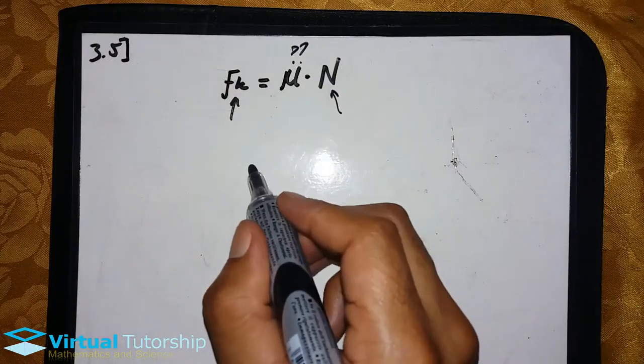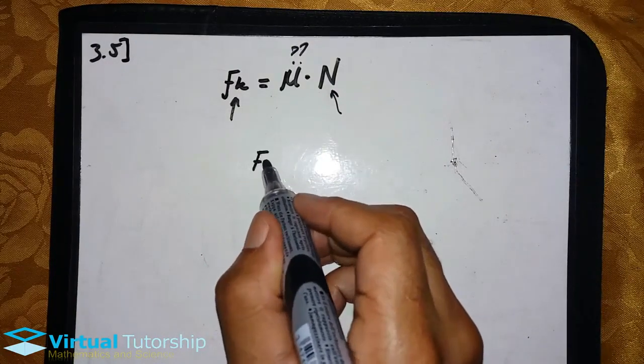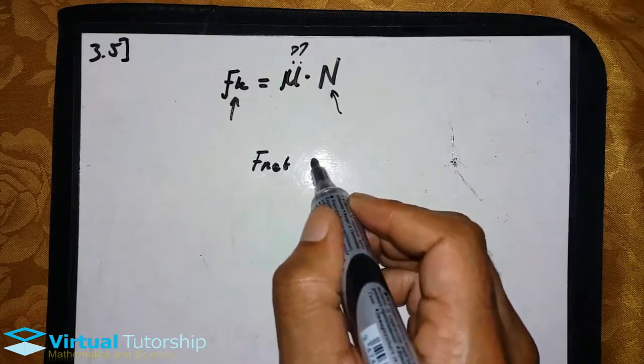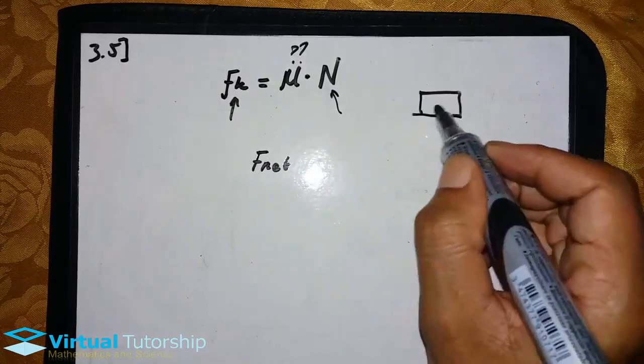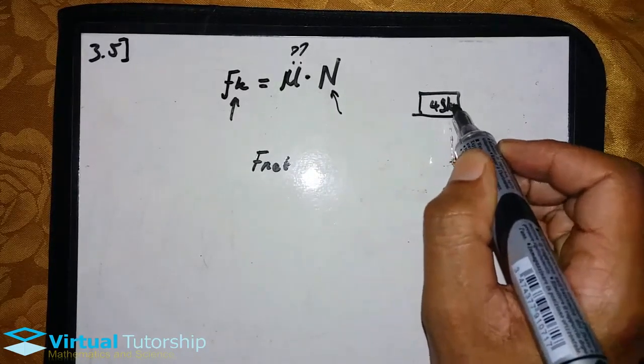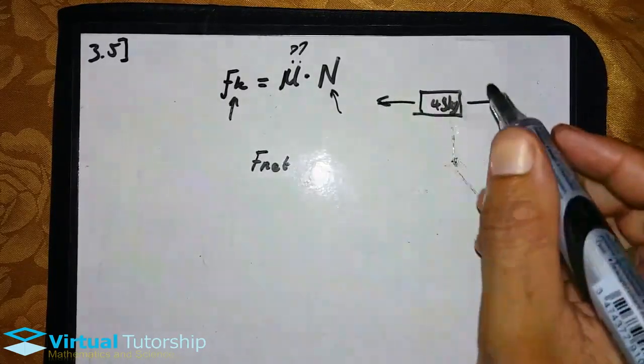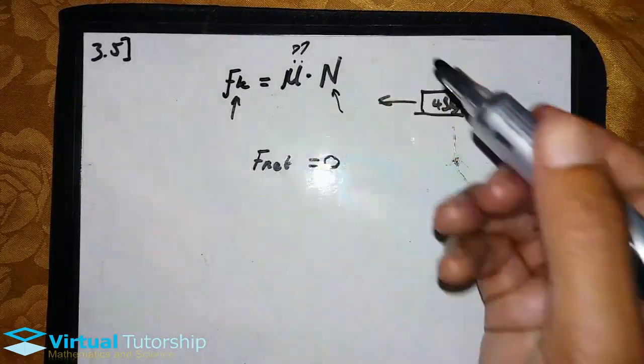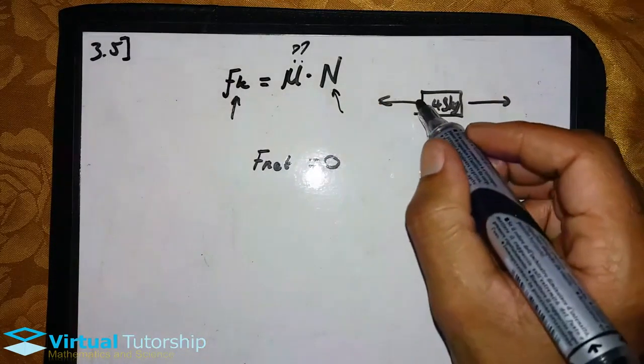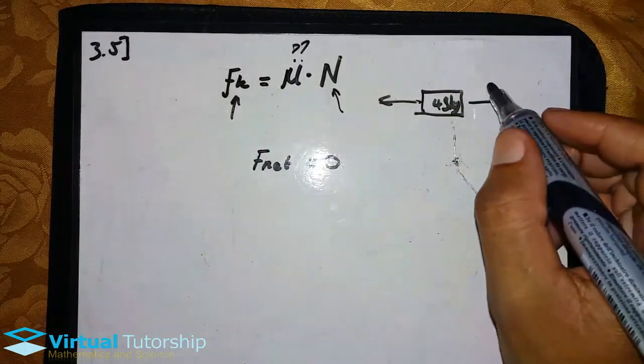So if an object moves at a constant velocity, F net horizontally, for the 45 kg object, is going to be equal to 0 because the object moves at a uniform velocity or a constant velocity.